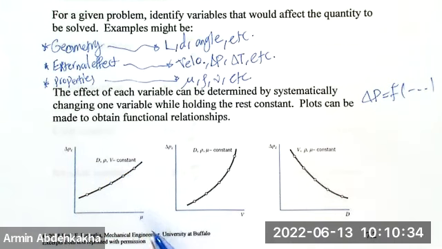Sometimes when changing one of these parameters, we cannot keep the others constant, right? So these are changing together. For example, if you change the temperature as a parameter here, then you cannot keep mu and rho constant. These are moving together, right? So sometimes that would be hard. But if you have a non-dimensional model or non-dimensional term, then tracking would be easier.